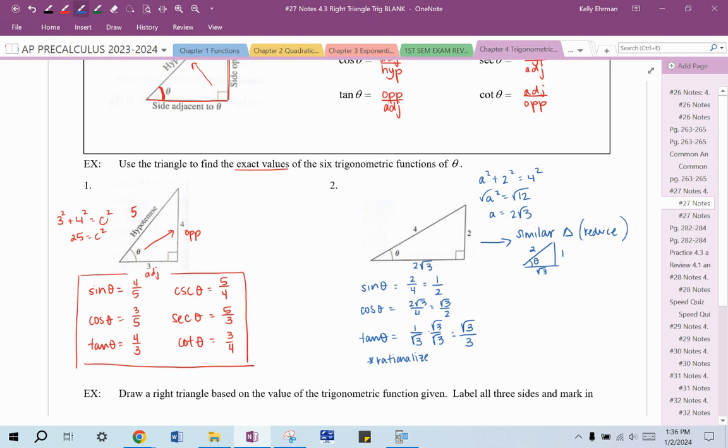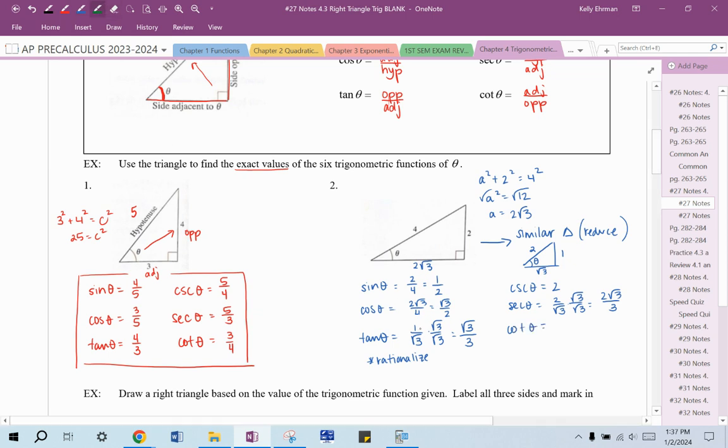When it comes down to the reciprocals, now it's a matter of flipping everything. So cosecant of theta is the reciprocal of 1/2, which is 2. Secant of theta, when I flip this, I'm going to get 2 over radical 3, which has to get rationalized. 2 radical 3 over 3. Cotangent, now here's where I like to have the original.